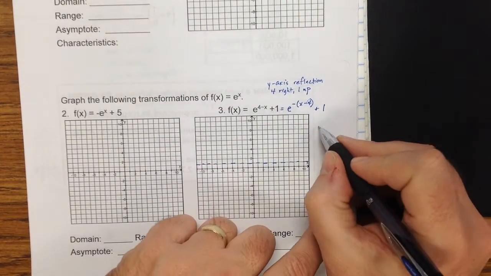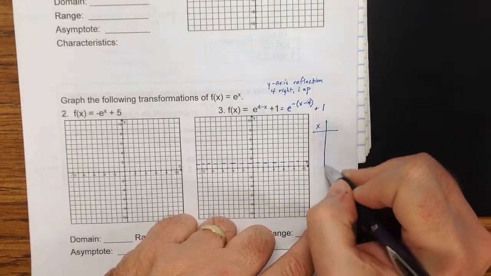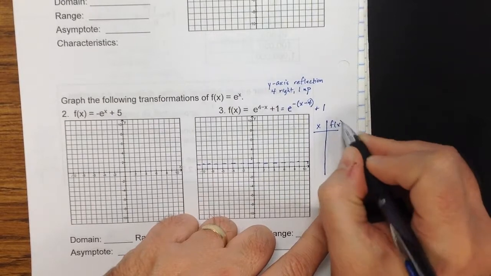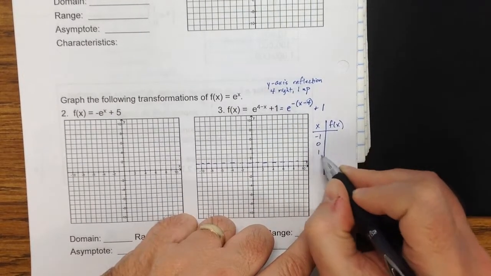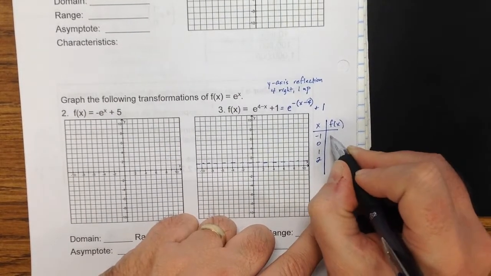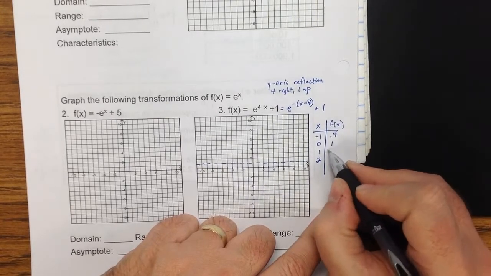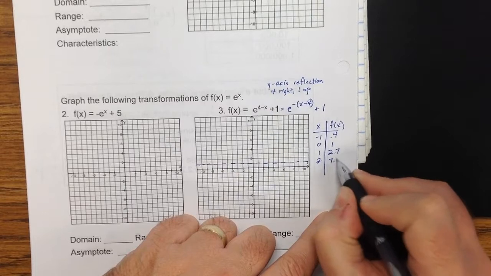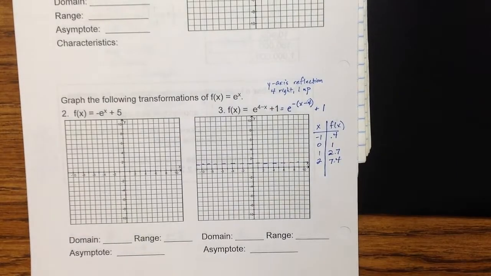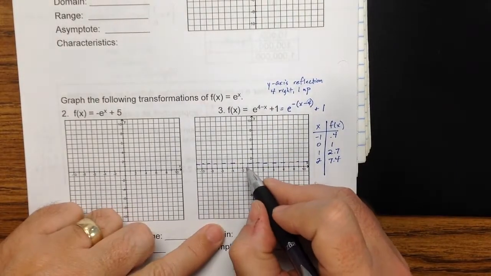Once again, I can make my little table here with x and f of x, negative 1, 0, 1, 2. Remember it was 0.4, 1, 2.7, 7.4. So let's plot those points very lightly here.